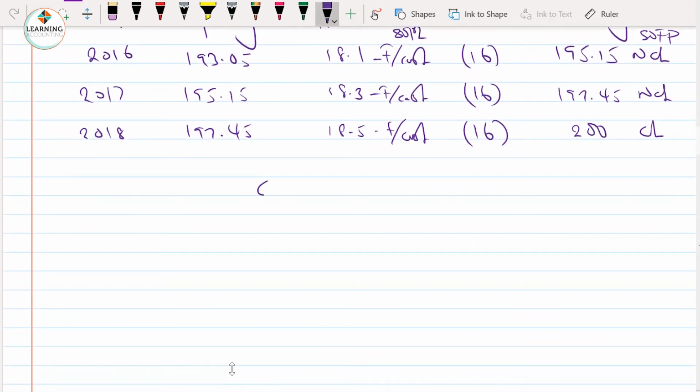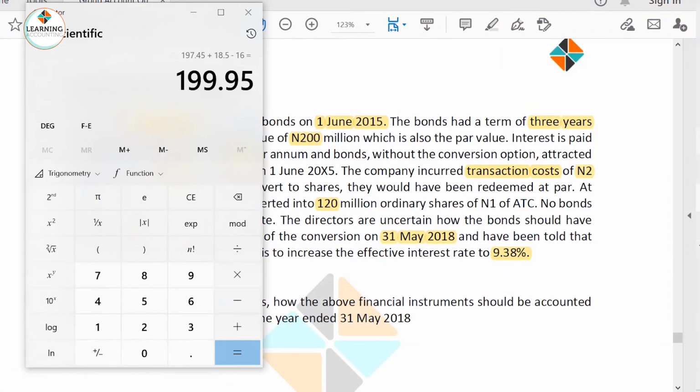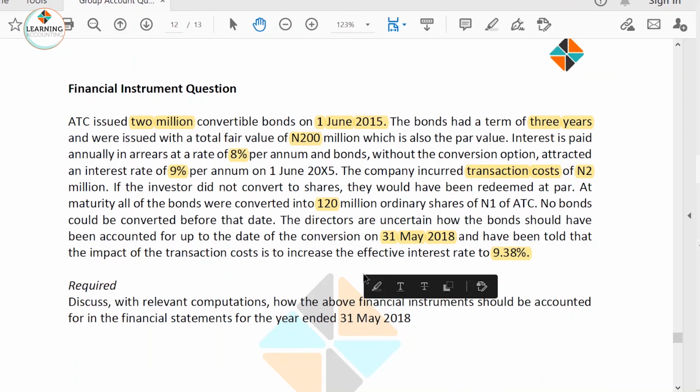Then at the conversion point, what do we do? The question has informed us that all at maturity, all of the bonds were converted into 120 million ordinary shares of £1 of ATC.